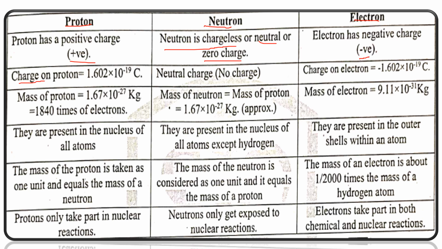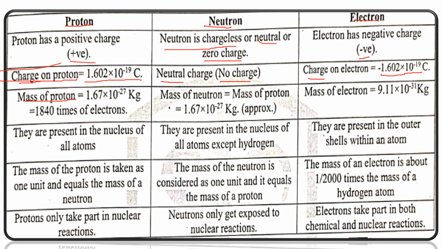The charge on the proton is 1.602 into 10 to the power minus 19 coulomb, and the charge on the neutron is 0, no charge. The charge on the electron is minus 1.602 into 10 to the power minus 19 coulomb, just opposite of the proton.